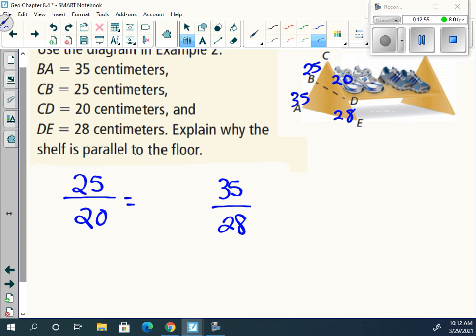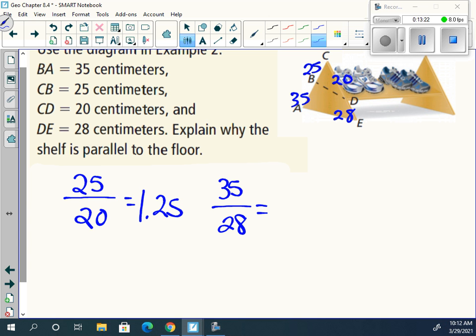Because if these two sets of fractions are proportional to each other, it means BD and AE are parallel. Yes? So what is 25 over 20? 1.25.